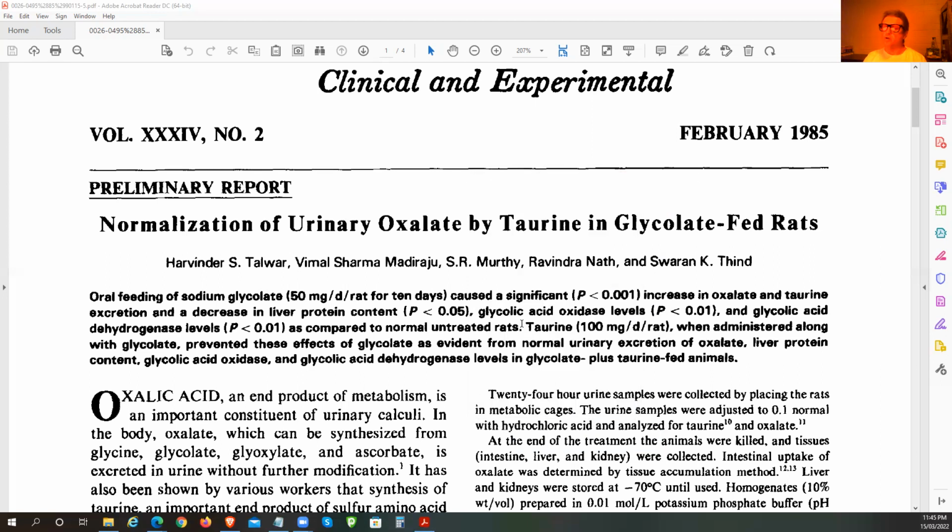Let's put it that way, you wouldn't physiologically normally ever consume that sort of level.